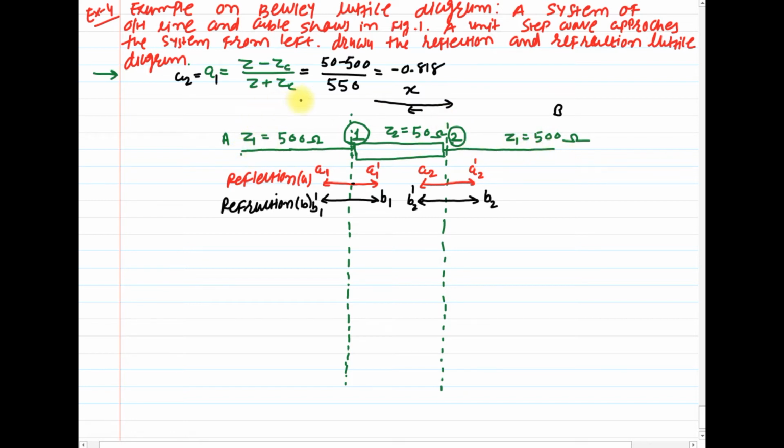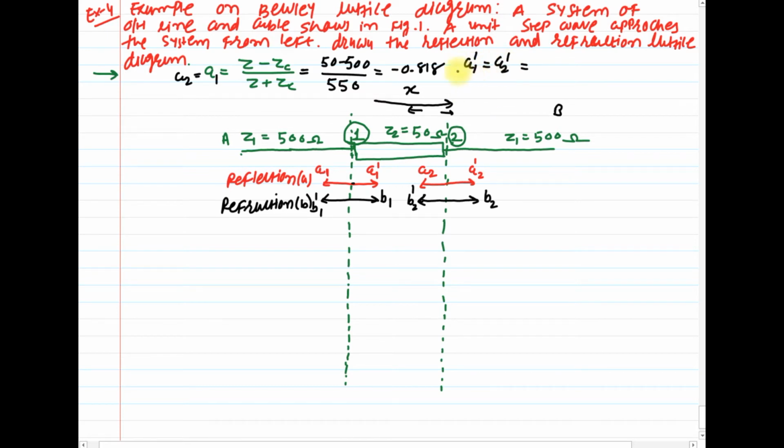Clear? And same way we will calculate A1 dash and A2 dash, which are in the direction of x. That means the magnitude of this A1 dash and A2 dash is in the positive direction of x.